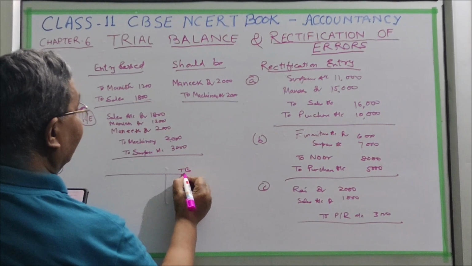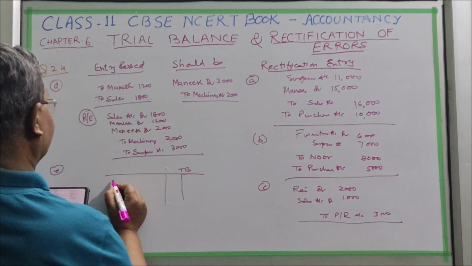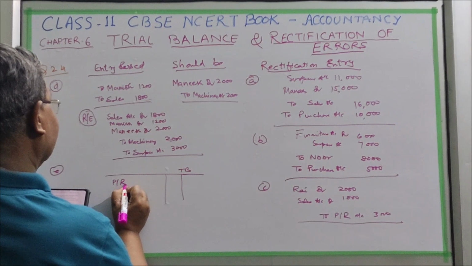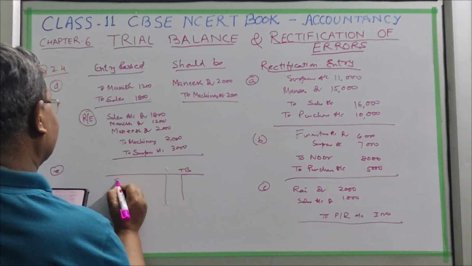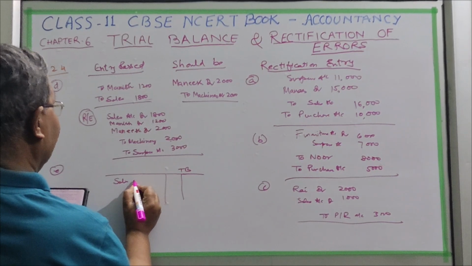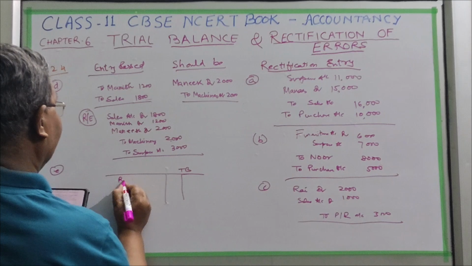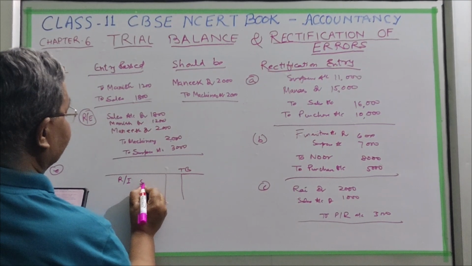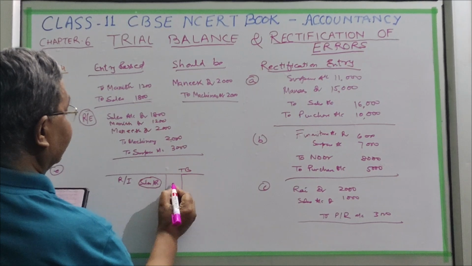In the trial balance, here one is return inwards, purchase return. Purchase return is already sales return. Return inwards means sales return. Okay. Sales return is here.